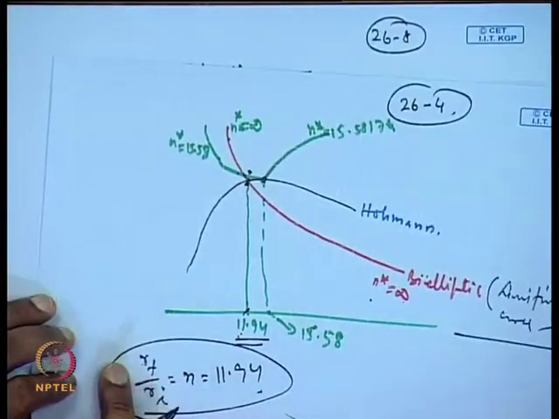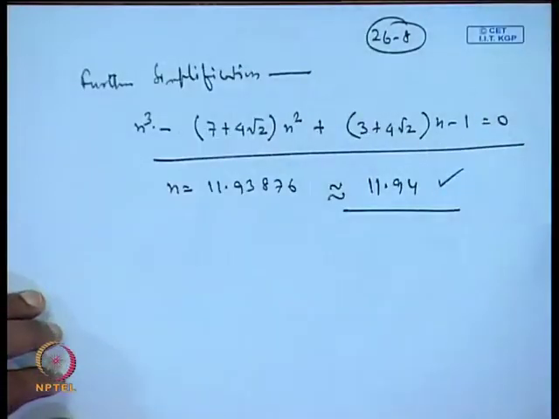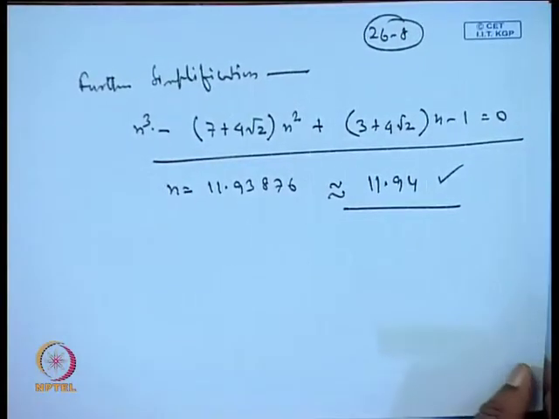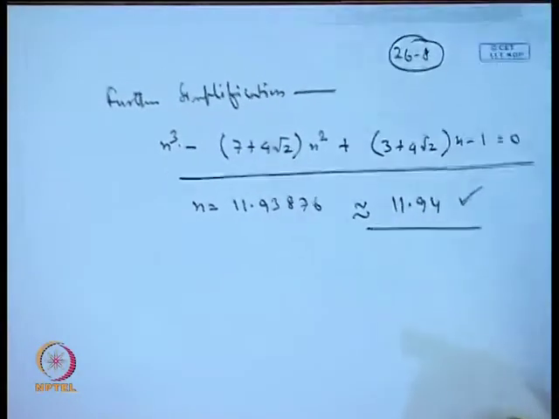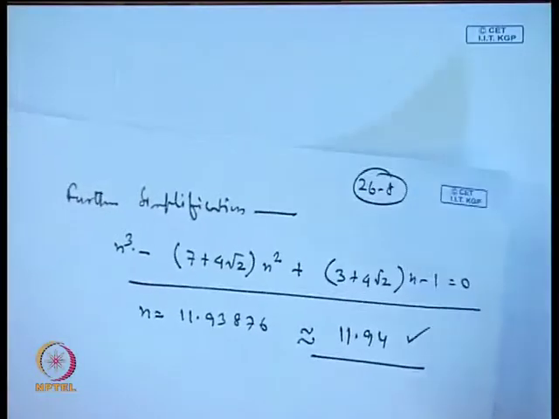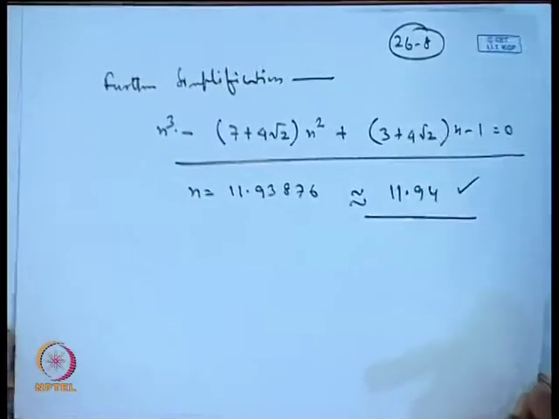This is the radius of the final orbit by the radius of the initial orbit. Okay, so, this completes our discussion for the Hohmann and the bielliptic transfer.